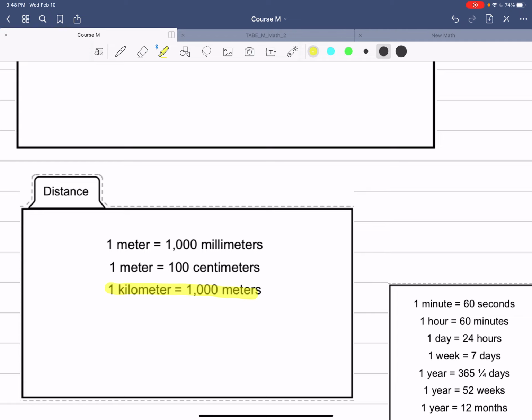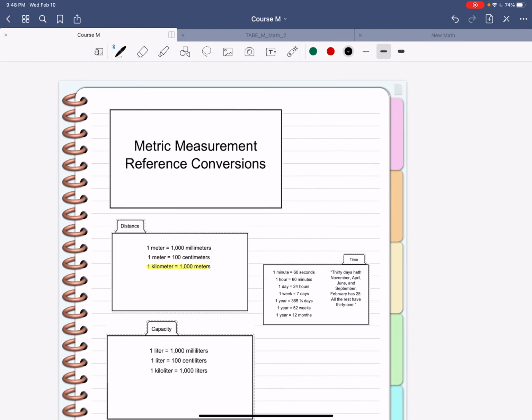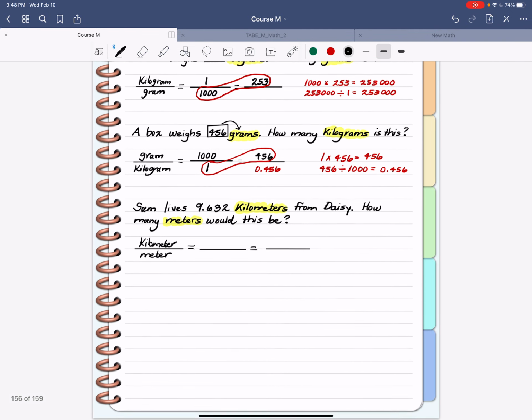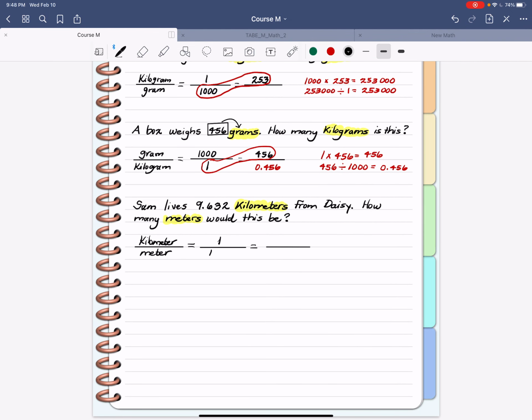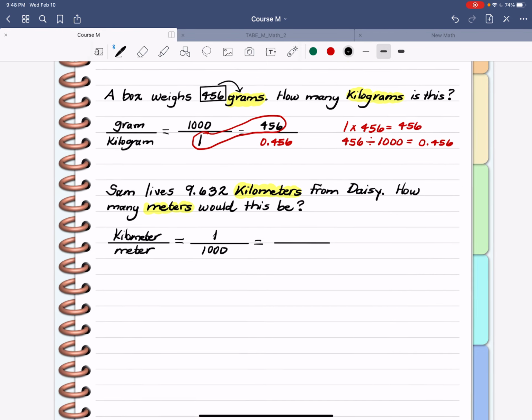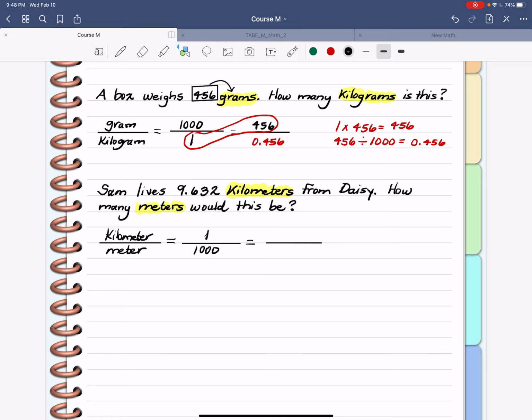Kilometers and meters. 1 kilometer is 1,000 meters. And then get the number from the problem. And it's right there. And that is in terms of kilometers. So we want to put the 9.632 right there.